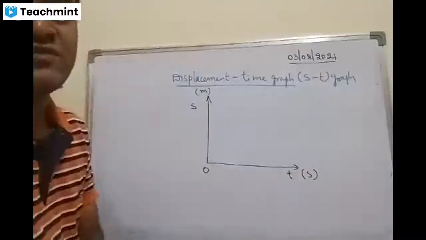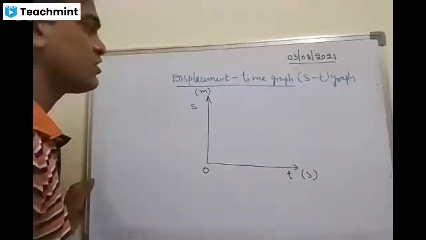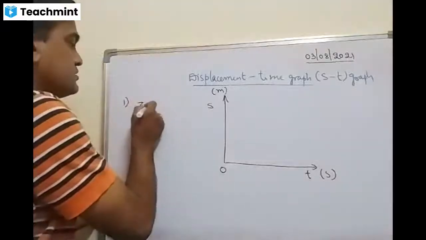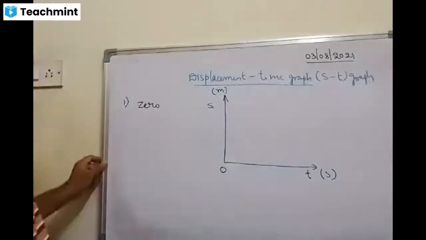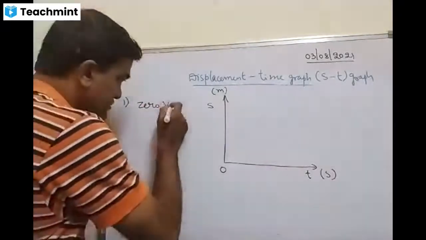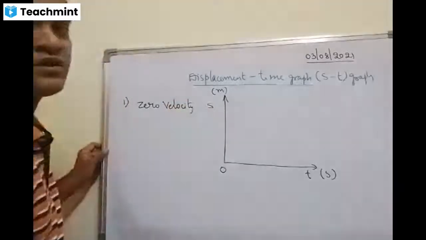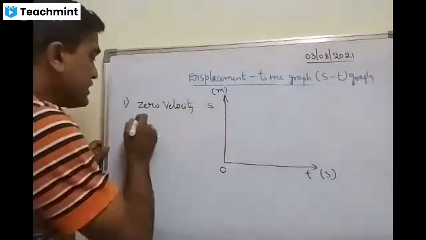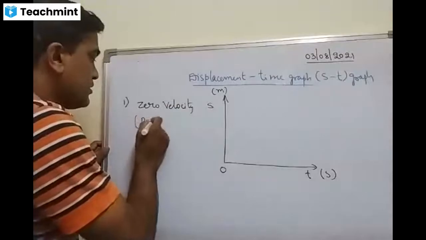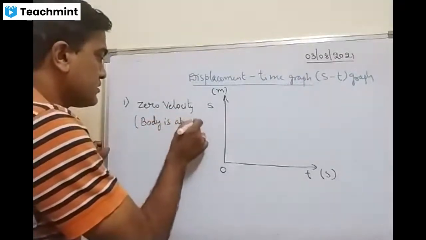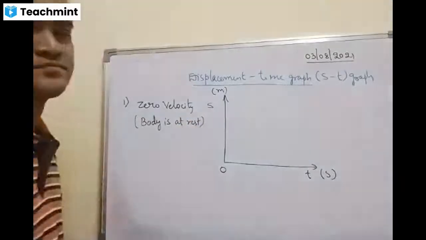Now first graph, let me show you what is this graph called. It is nothing but zero velocity, or I can say body is at rest.